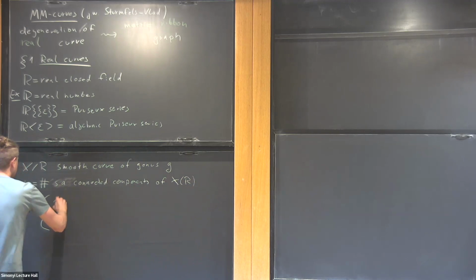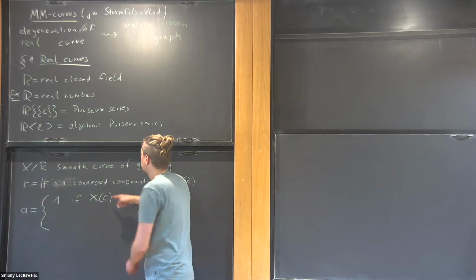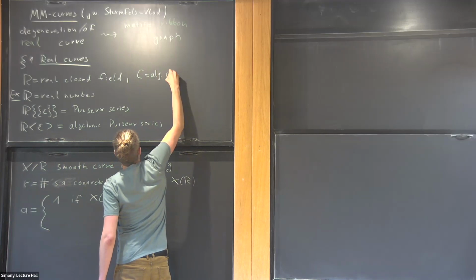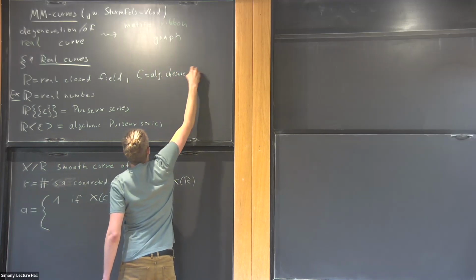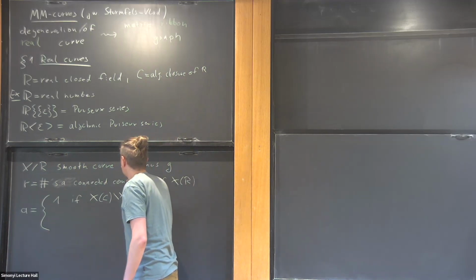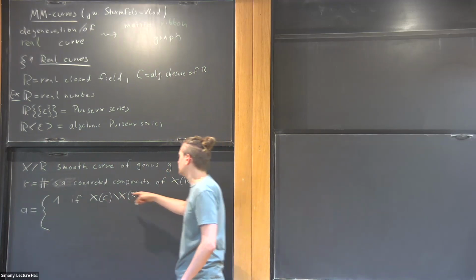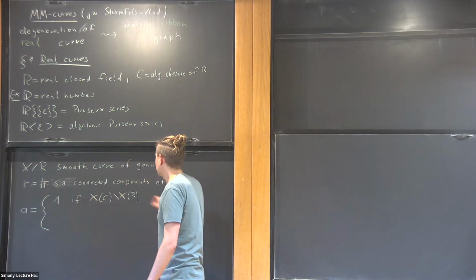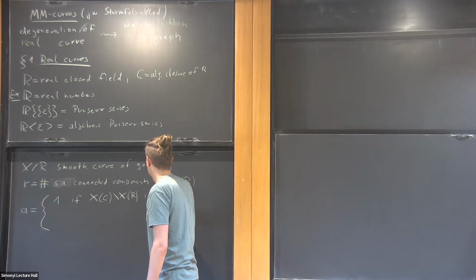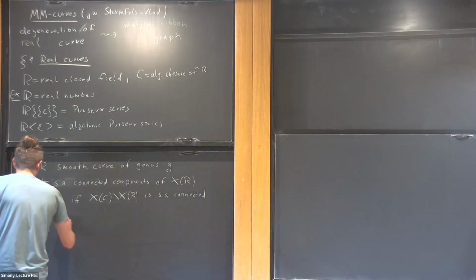You look at the complex points, and you take out the real part, and then we declare a to be one if this semi-algebraic set remains connected, and zero otherwise.